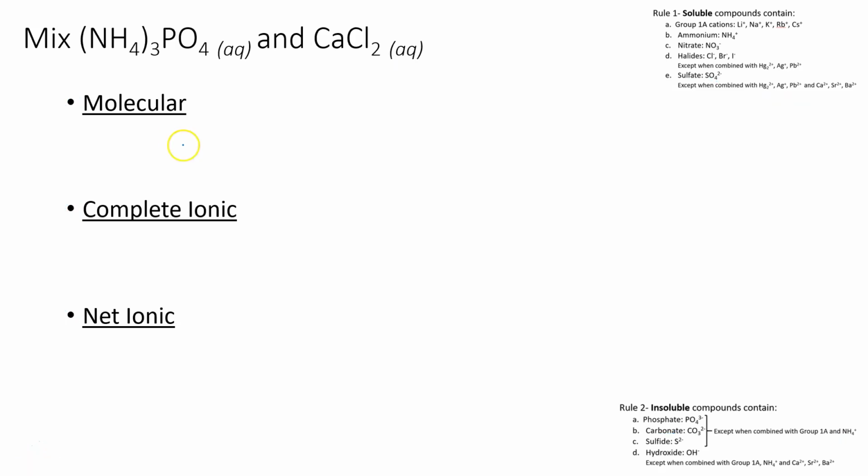So here we're mixing ammonium phosphate and calcium chloride. And I'm just going to go on some scrap paper and predict the products.